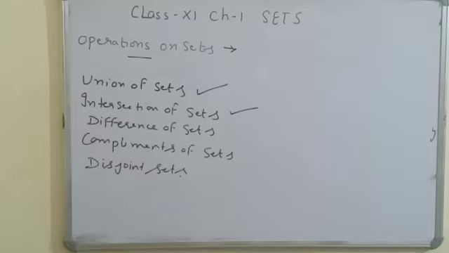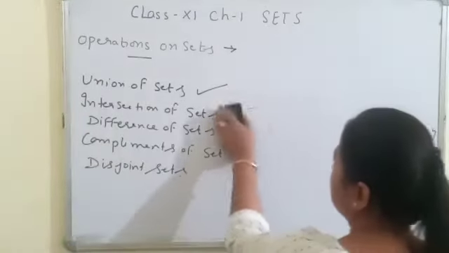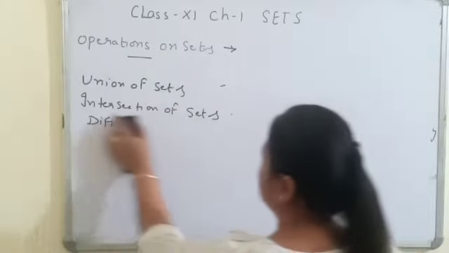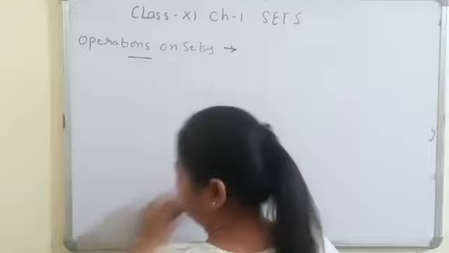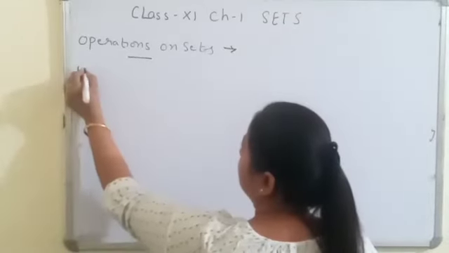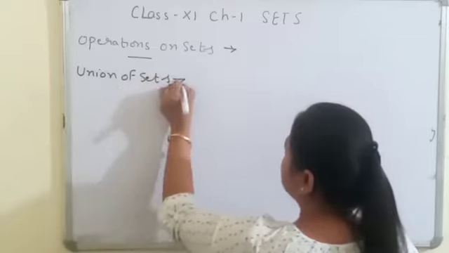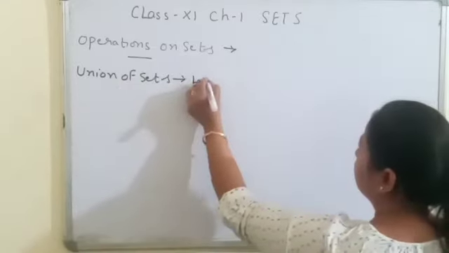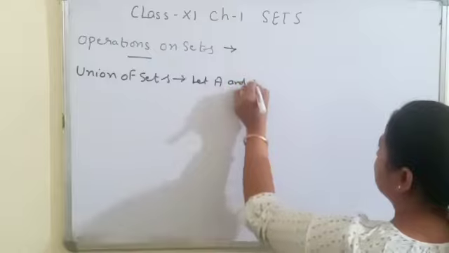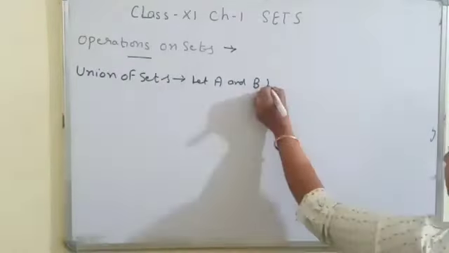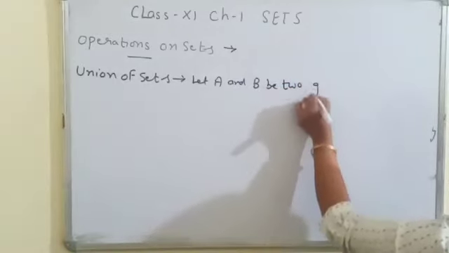Let A and B be two given sets. Firstly, we will learn how we can solve problems based on the union of sets. Union of sets: let A and B be two given sets.